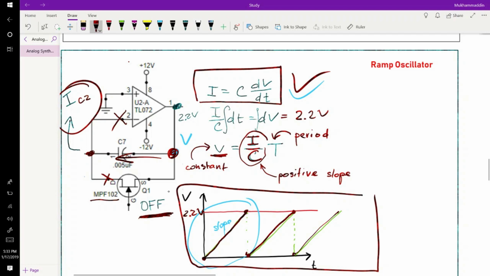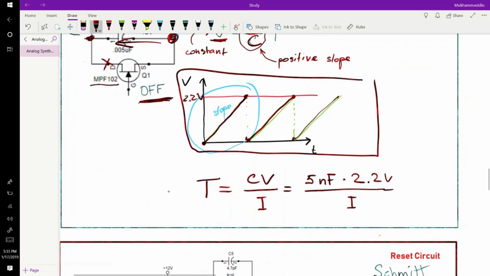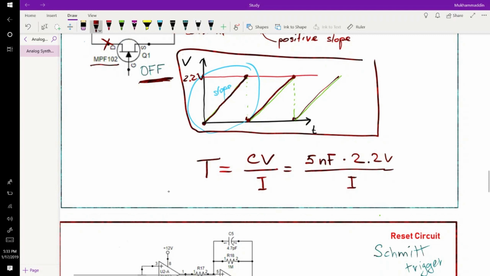C is just the capacitance of the capacitor. I, we tuned our frequency and we left it there, so I is constant as well. That means we can find the period of this waveform. If we know the period, 1 over period will be frequency. And tada!